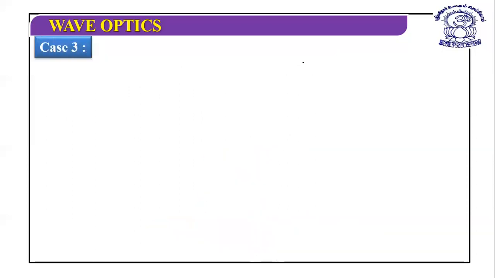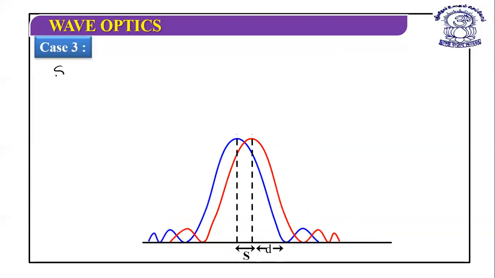Case 3. If S is less than D, that means the separation between the central maxima of two objects is less than the distance between the central maximum and first minimum. In this case, the objects are said to be unresolved. So the patterns are not clear.